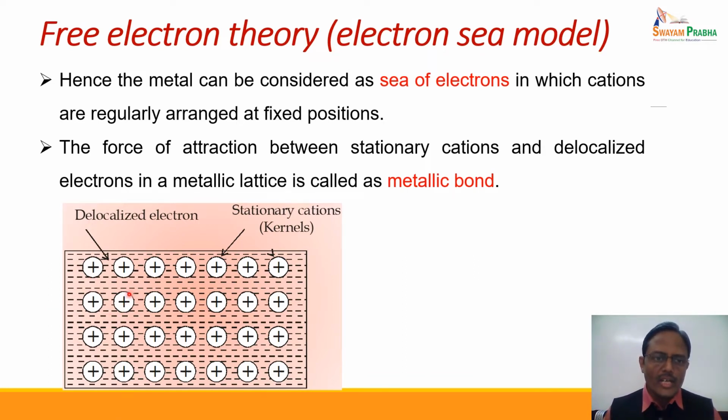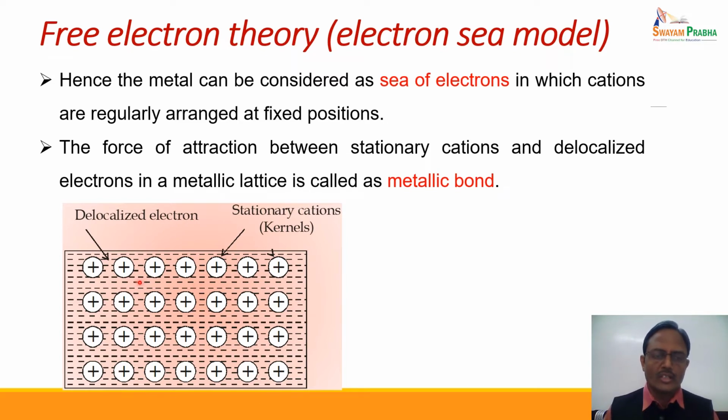Now, each of the metal atoms has lost its electrons to the entire crystal, and the positively charged ions remaining there are located at fixed locations and are called kernels. These kernels are localized, electrons are free, and there is a force of attraction between each cation and each electron.